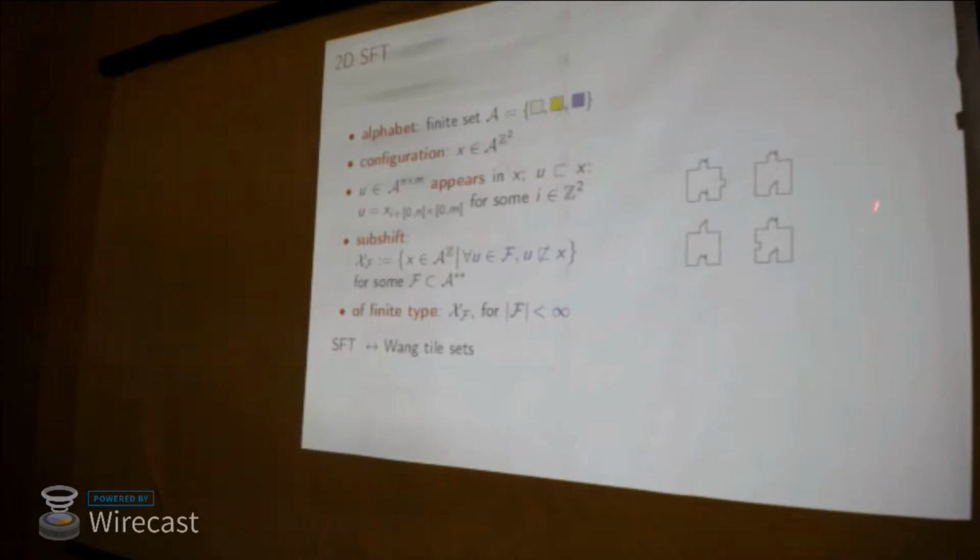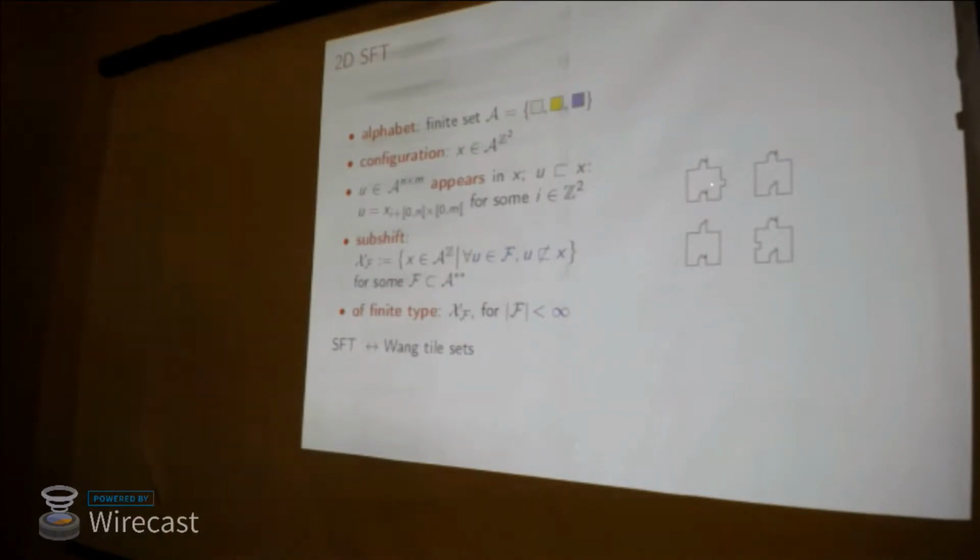There is another representation, maybe a particular case of subshift of finite type, given by Wang tilings. If I give you a set of tiles like this, I can say that the alphabet is this set, and the set of forbidden patterns is more or less obvious from the shape that I gave you.